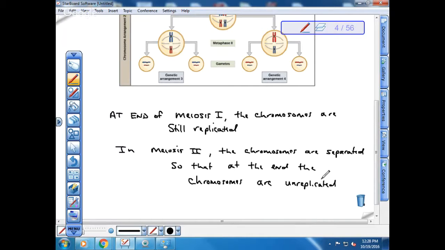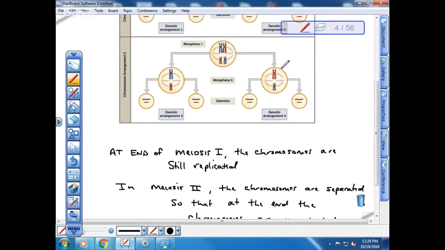So you notice that in metaphase 2, instead of pairs of replicated chromosomes, there are no longer pairs. So they line up like this, right? And then they are pulled apart. The sister chromatids are pulled apart. And so you'll notice that when we look at the gametes that are produced, there's one big chromosome and one little chromosome.